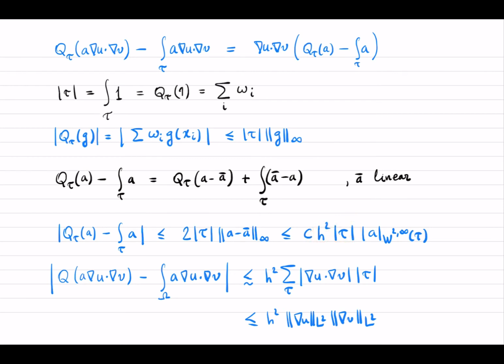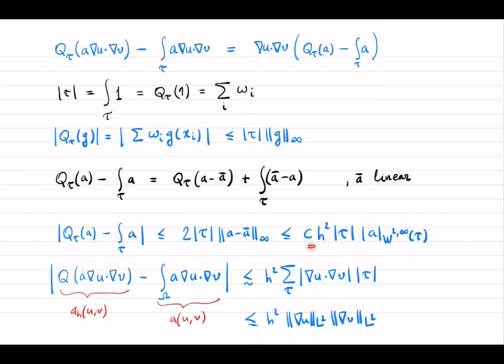Now we sum over tau so that the quadrature applied on elements sums to the quadrature over the volume omega, and these integrals become the integral over omega. So this would be, of course, just A_H applied to u, v, and this integral is the exact bilinear form applied to u, v.